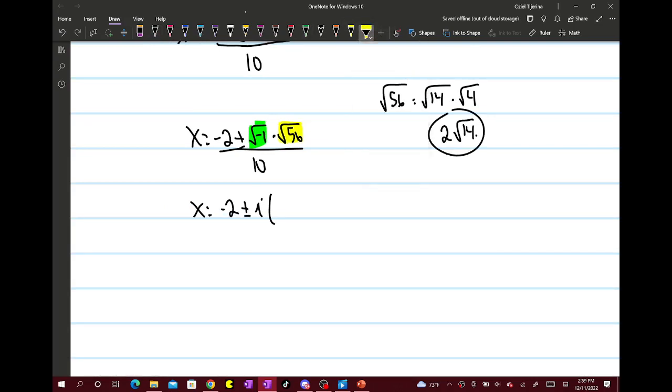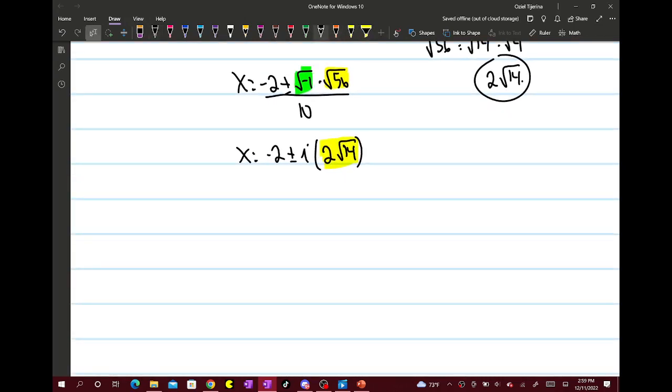So that's what the square root of 56 is. And of course the square root of -1 is i, so this is this, right? And then this is all over 10, right?